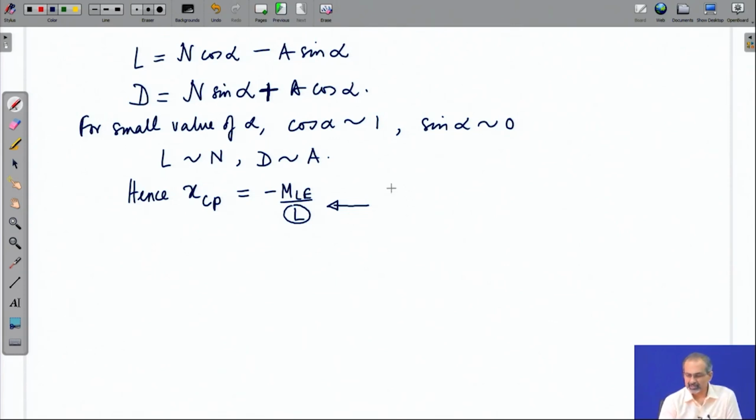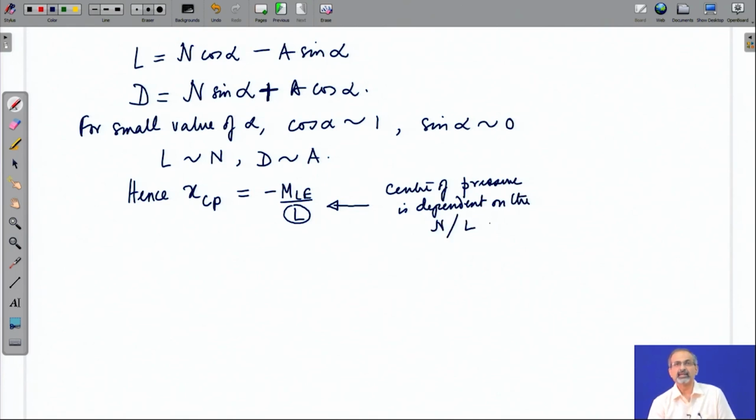So, center of pressure is certainly dependent on the normal force or lift forces, and it is evident that that will happen with different angles of attack.